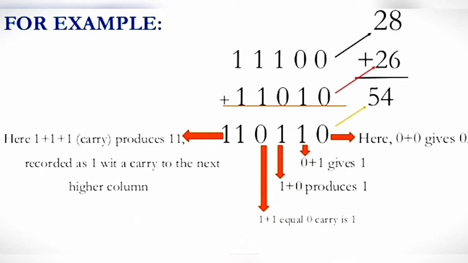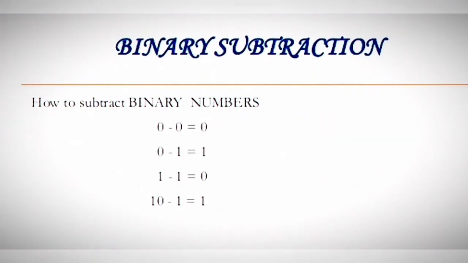Then we have to add both. 0 plus 0 becomes 0, 0 plus 1 becomes 1, 1 plus 0 becomes 1, 1 plus 1 becomes 10. It means we write 0 as it is and take 1 as carry. That carry 1 plus 1 plus 1 becomes 11. This gives the answer 54.